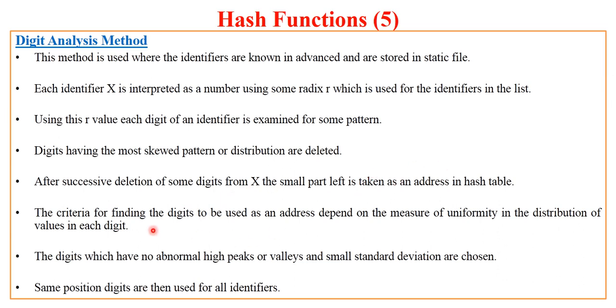The criteria of finding the digits to be used as an address depends on a measure of uniformity in the distribution of the values in each digit, which we'll see. So here, anything abnormal found in the patterns is discarded, and the remaining uniformity in the pattern is considered.